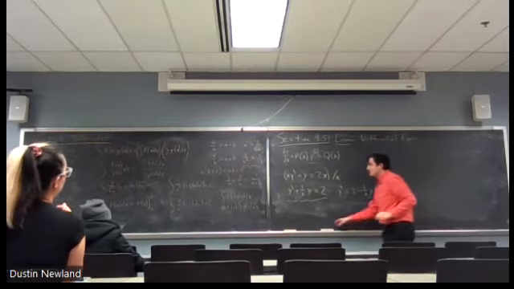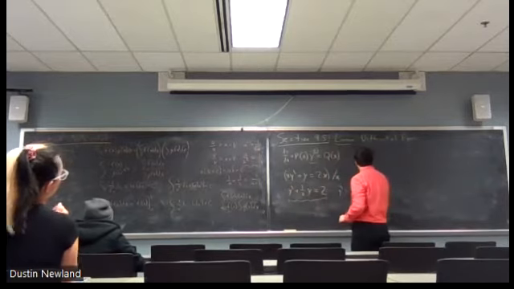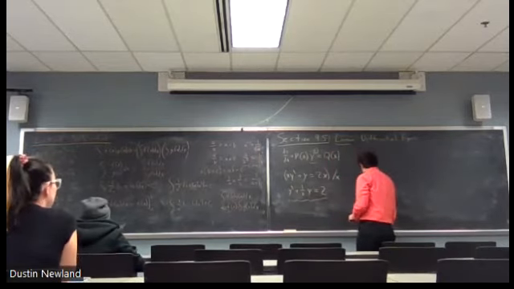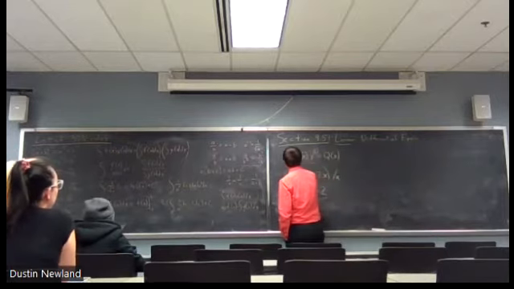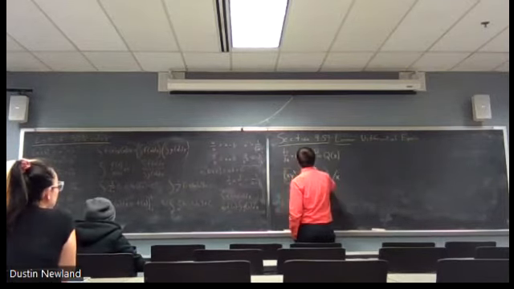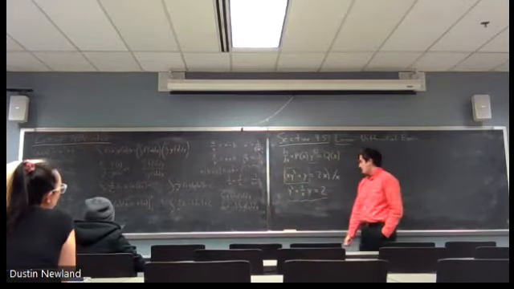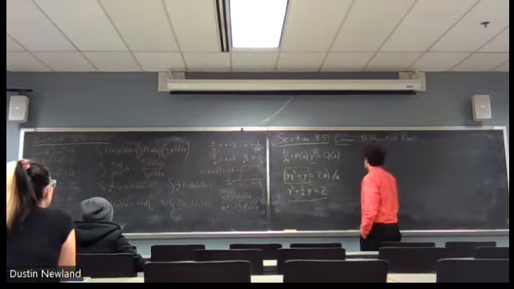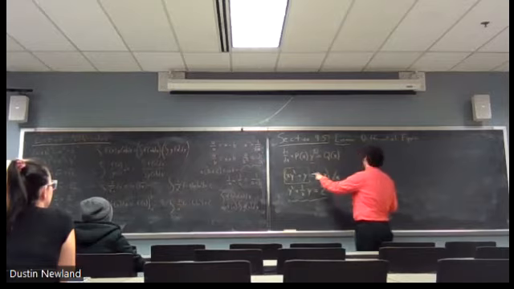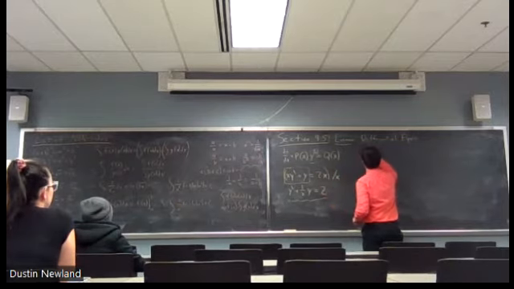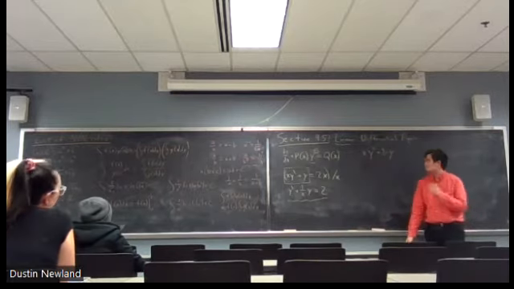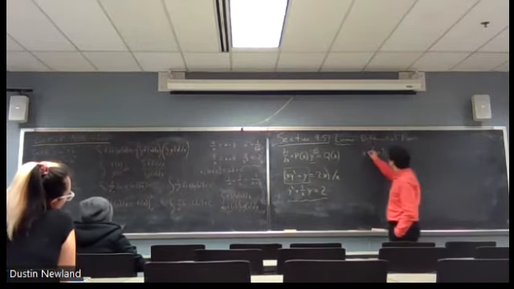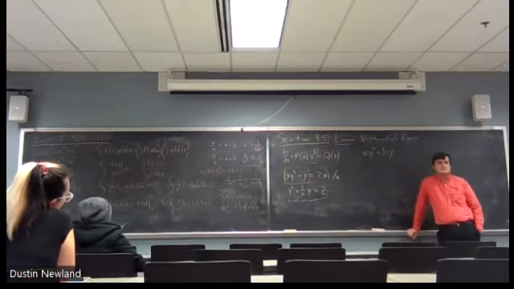But that's actually okay in this case because of how the left side of our equation is set up. I'll go back to here, which is x y prime plus y. Maybe I'll write it in a form that you might recognize. We have x y prime plus 1 times y.